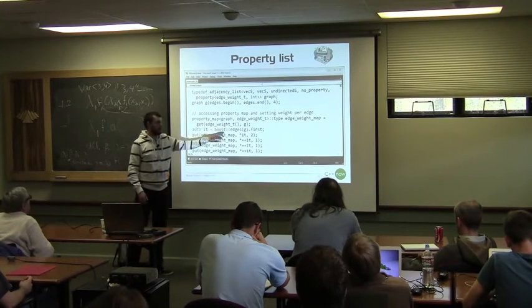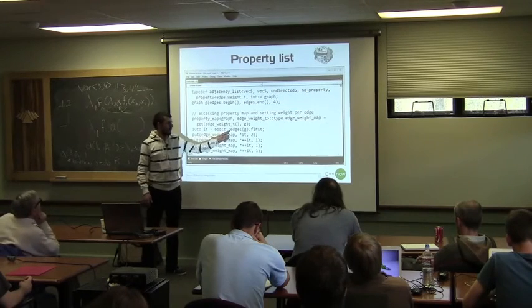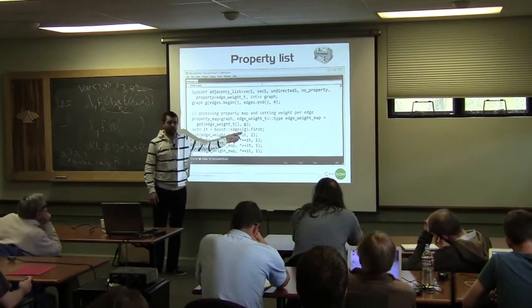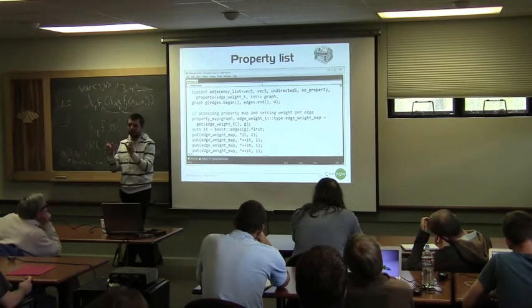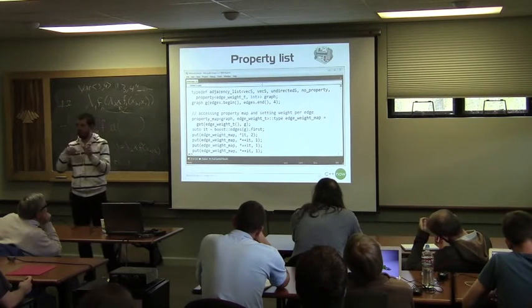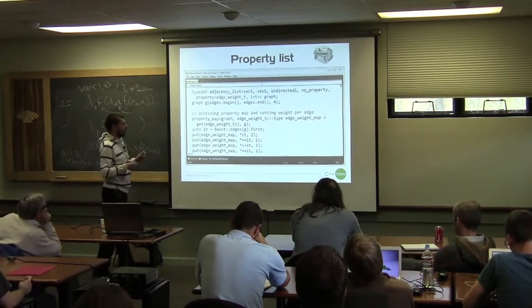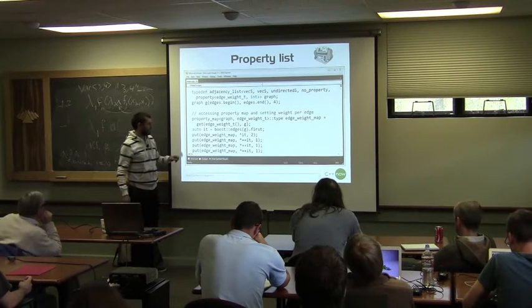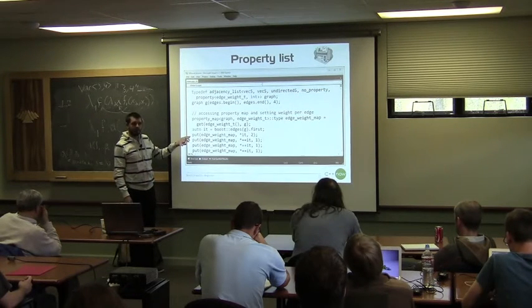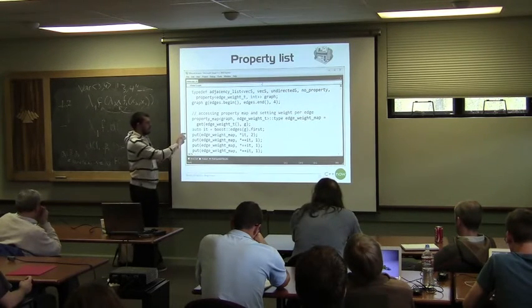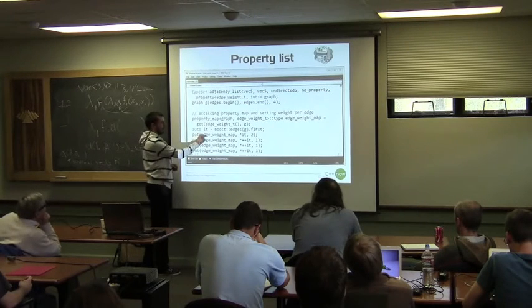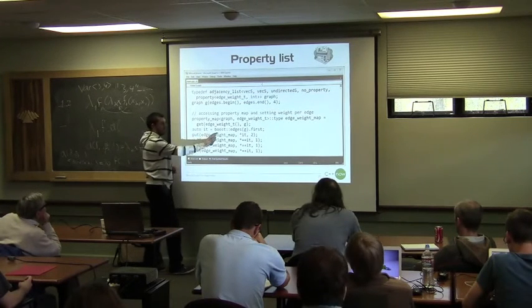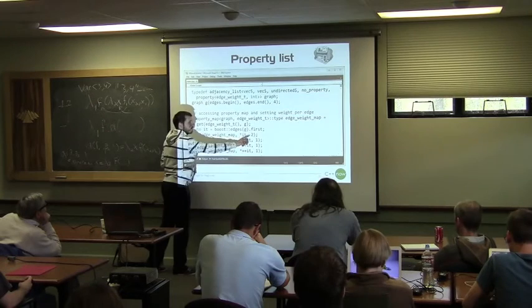Now I need to get all my edges first, so I call the edges function. The edges function returns a pair of iterators, which I used before to iterate over all the edges. I take the iterator and call another function called put, and I say, please put into that edge weight map for this edge the weight 2.